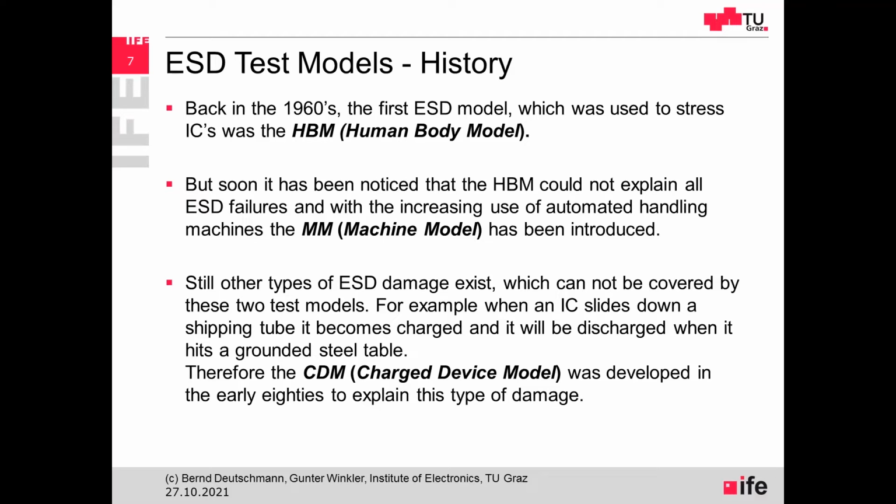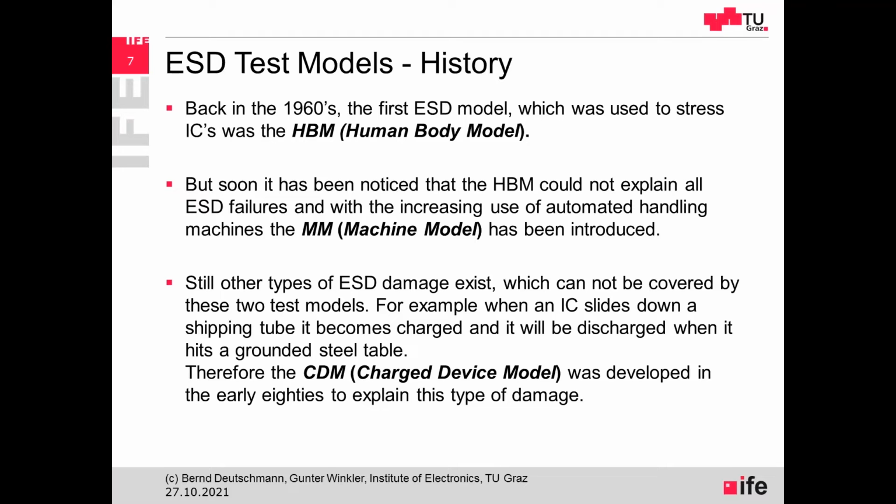But still, the HBM model and also the machine model could not explain all the problems that were happening to integrated circuits, because still integrated circuits got damaged. And finally, they figured out that also the IC itself could be charged up. So there could be some charge accumulation within the integrated circuit.